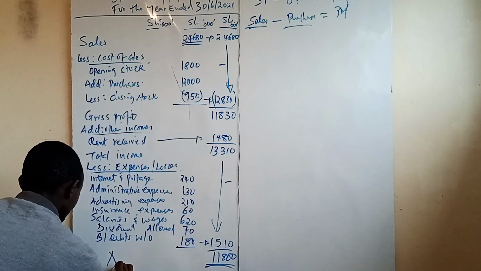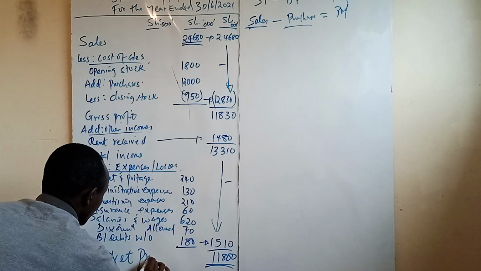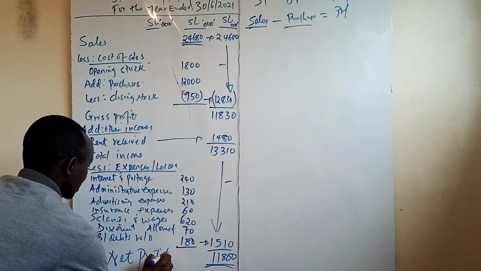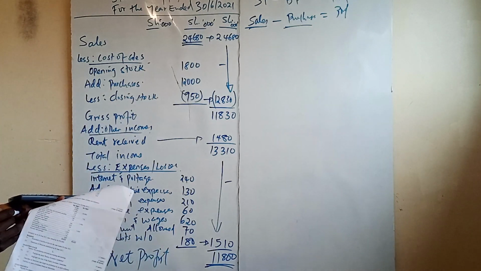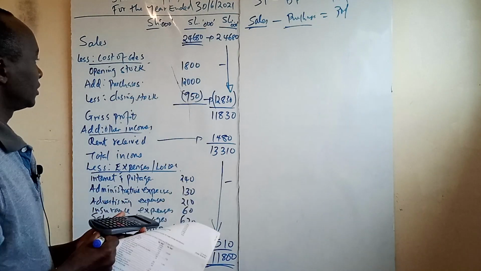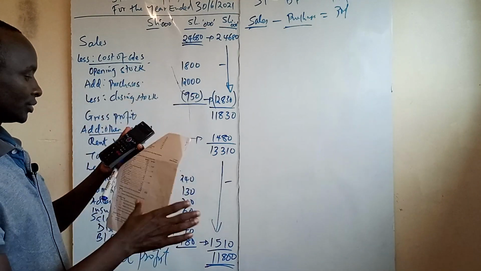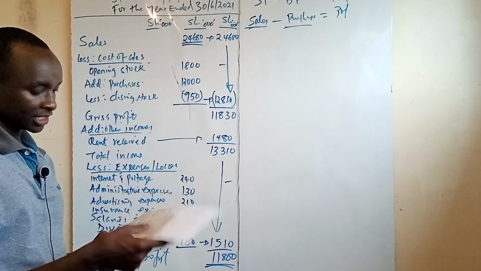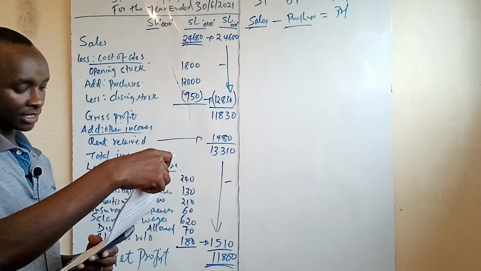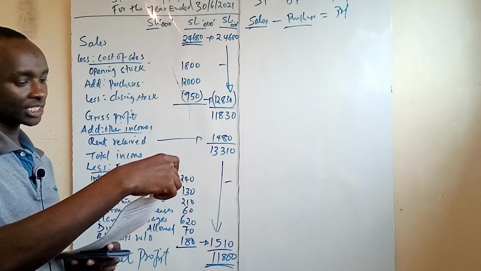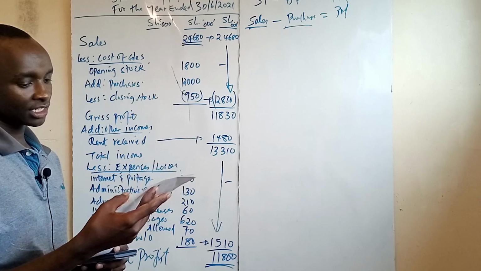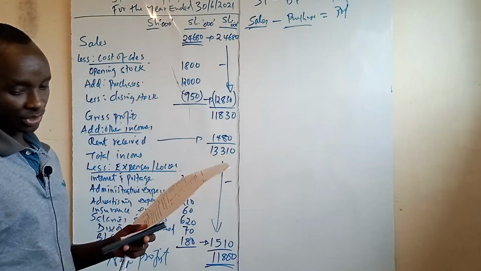This is our net profit. So that is the statement of profit and loss account for Ujenzi Traders as at 30th June 2021.